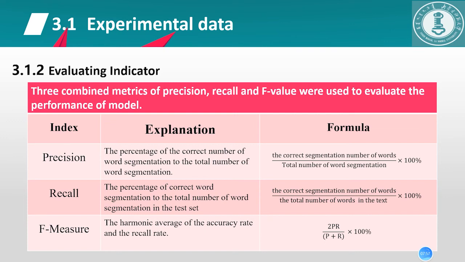The recall rate is the percentage of correct word segmentation to the total number of word segmentation in the test set. The F-value is the harmonic average of the precision rate and the recall rate. The calculation formula is shown in the table.